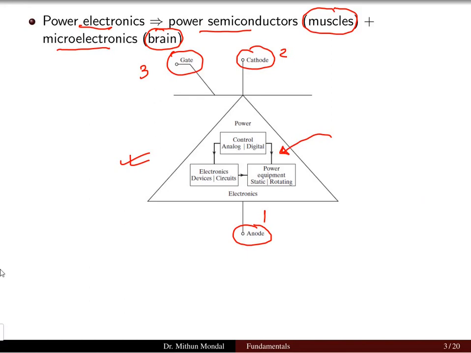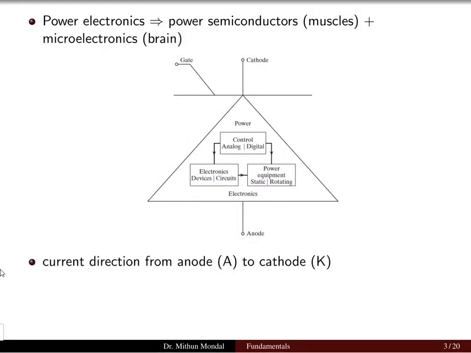So you will have the electronic devices in the form of circuits, and the power equipment will be there either in the form of static or rotating devices, and some control strategy will be there in the form of analog or digital. So this is the entire power electronic block, and the terminals are anode, cathode and the gate. The current direction always flows from anode to cathode.